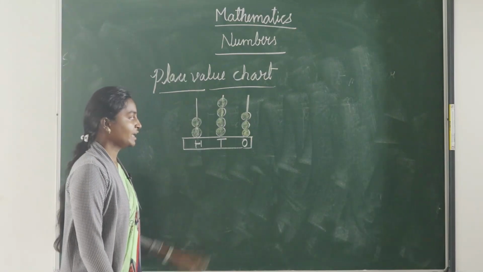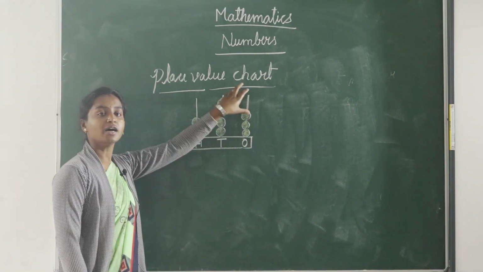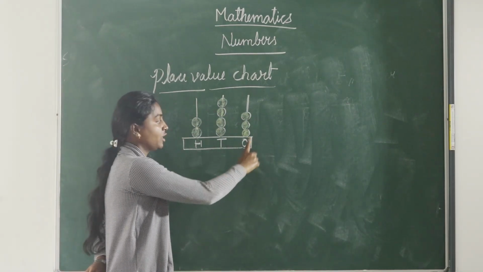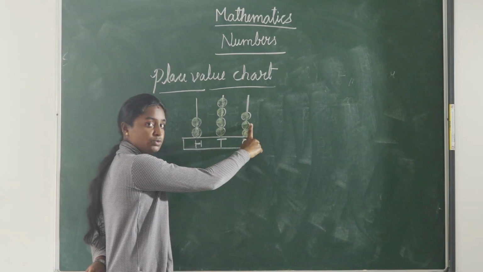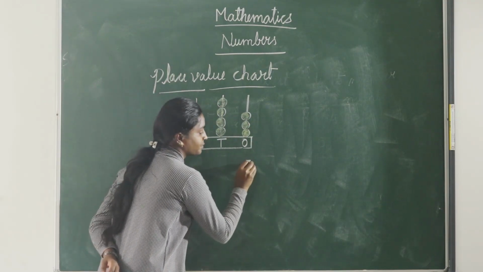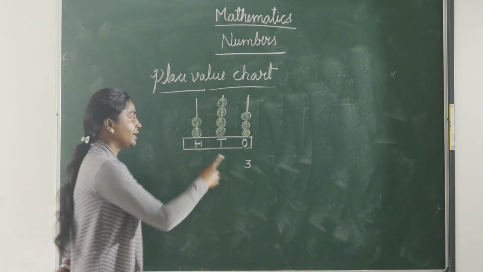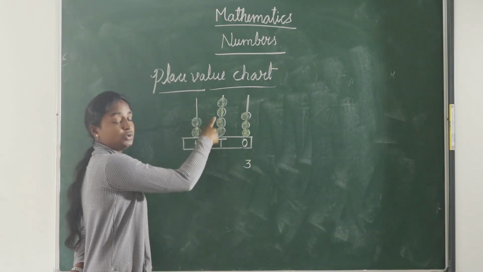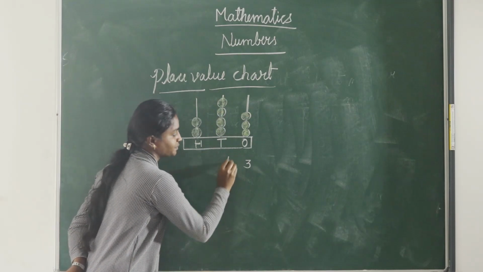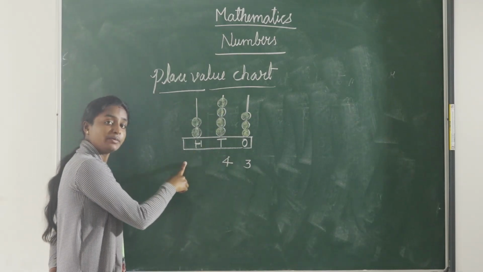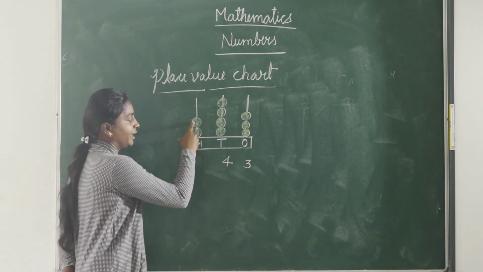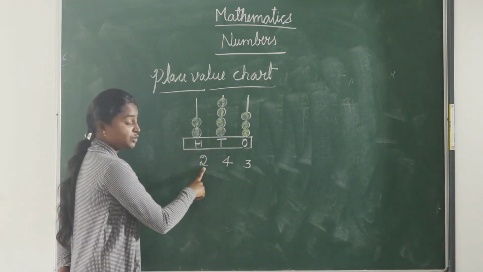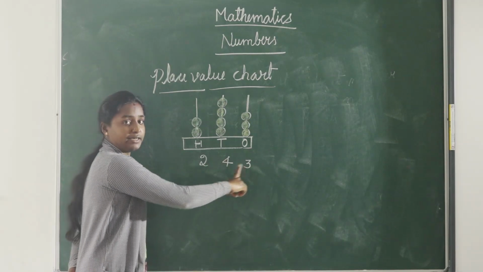How to write? Let's just count the beads. So in ones place, how many beads are there? 1, 2 and 3. 3 beads are there. In tens place, how many beads are there? 1, 2, 3 and 4. In hundreds, how many beads are there? 1 and 2. So what is the value of these beads? 243.